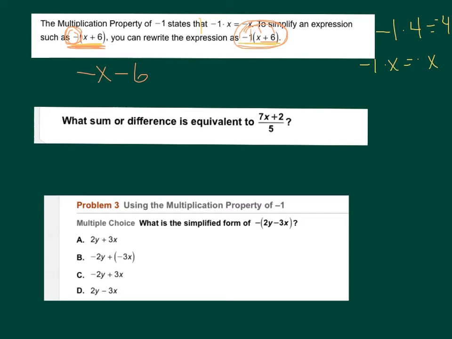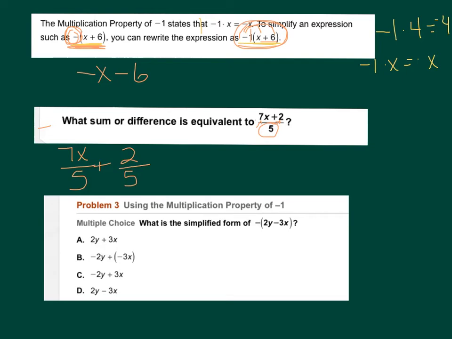All right, the next thing our distributive property helps us do is look at fractions. So here it says what sum or difference is equivalent to x plus 2 divided by 5. Okay, and the thing you need to remember about division, this 5 is actually being divided into everything that's in the numerator. Okay, so when we split up or when we change the way this is written, all we have to do is put a 5 under both numbers.